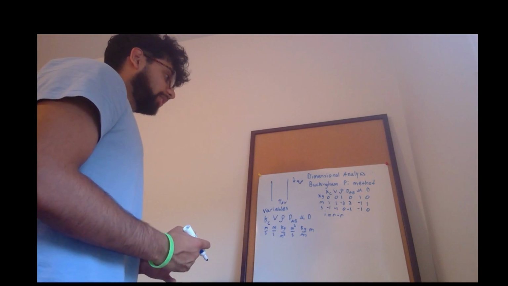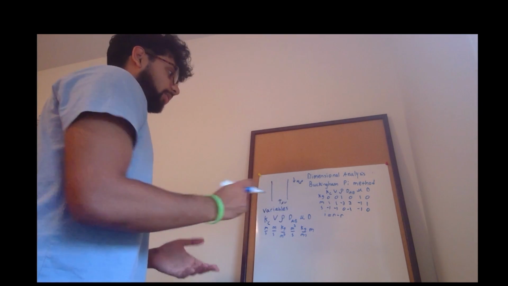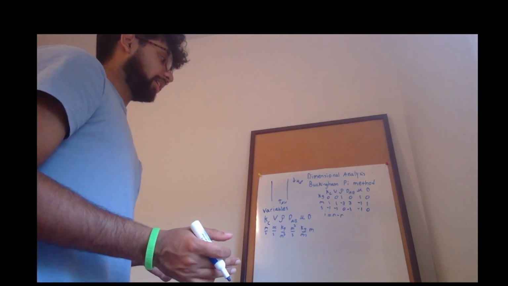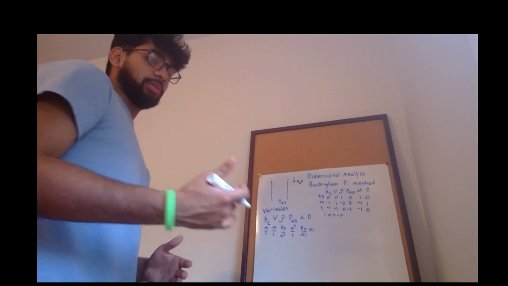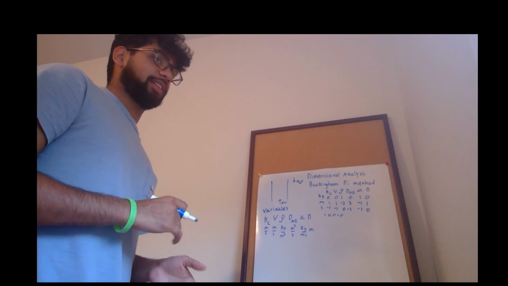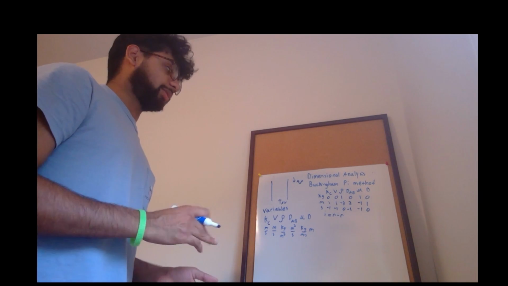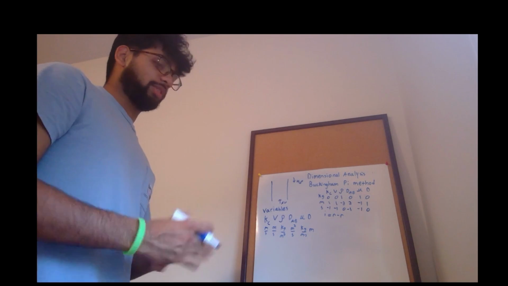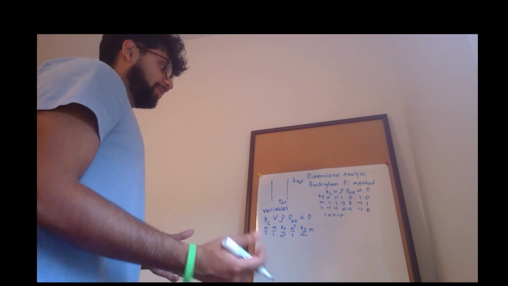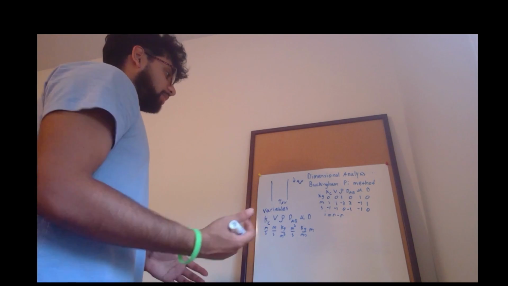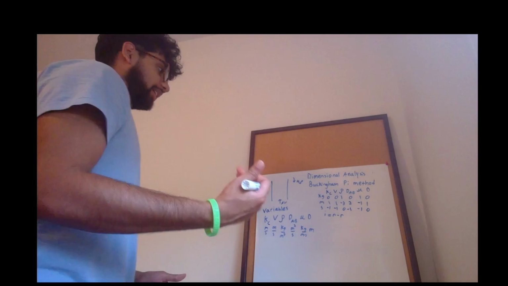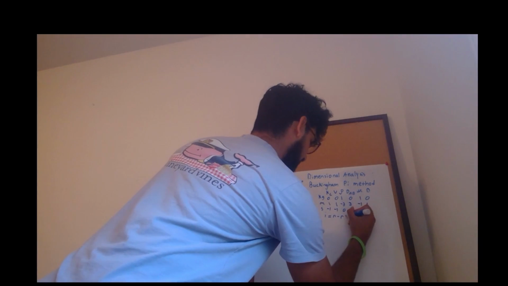So basically what these symbols stand for, the N is the number of the different variables in the problem, and the R is the ranking, and you can basically just put in the matrix and then it tells you what the ranking is. You subtract that from your total number of variables, and the resulting number is your number of dimensionless groups. So in this problem I have 6 variables and my ranking was 3, so 6 minus 3 gives us 3 dimensionless groups.